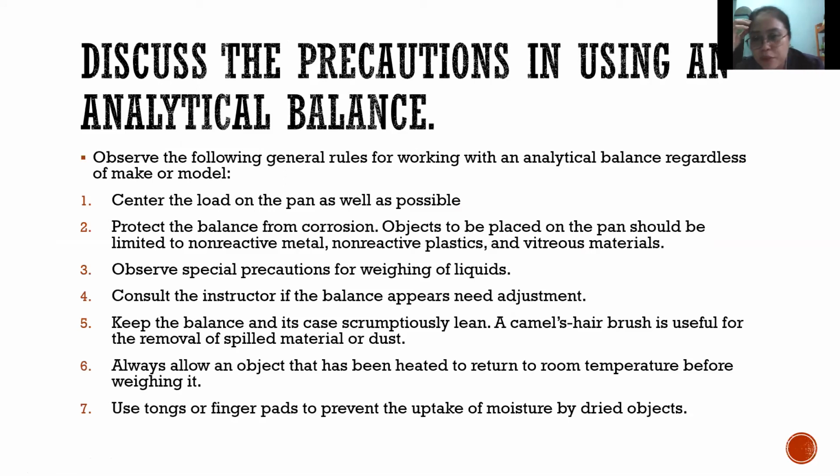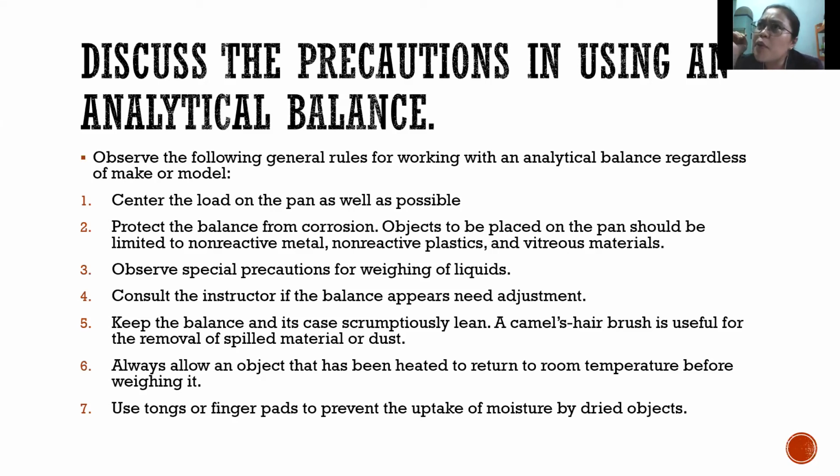And then, we have to protect our balance from corrosion. Therefore, we cannot directly place our sample on the pan. And aside from that, do not use reactive materials. Everything should be non-reactive: non-reactive metal, plastic, or other vitreous materials.